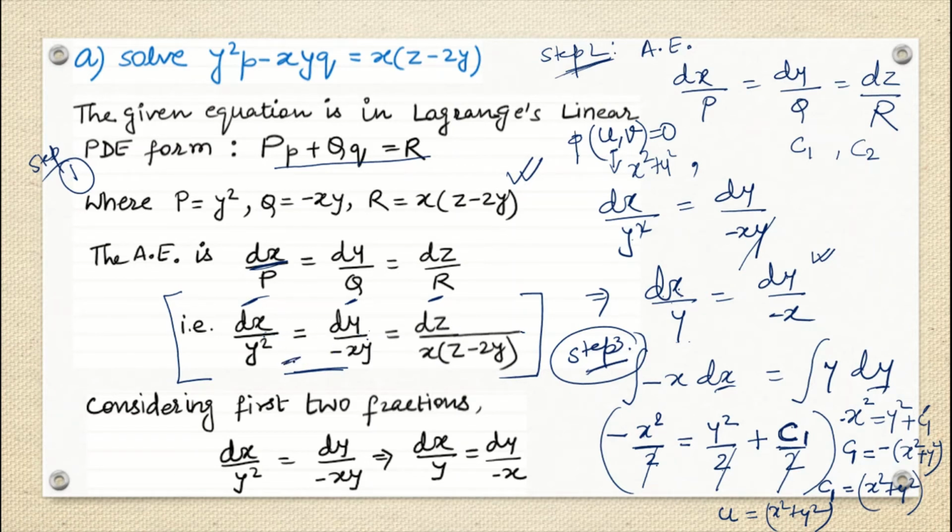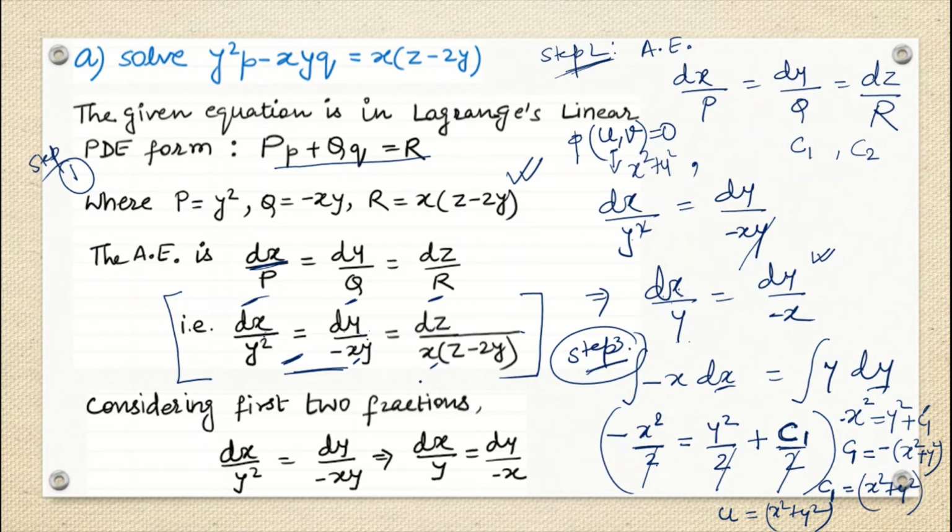So what next can I see? I have equated 1 and 2. Suppose I equate 2 and 3, what will happen in that case? That means this is my dy and dz, so x should not be present. Otherwise, I won't be able to integrate. So I can cancel x easily, so that these two fractions will be dependent only on y and z.